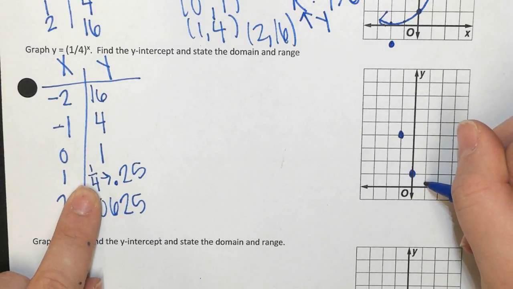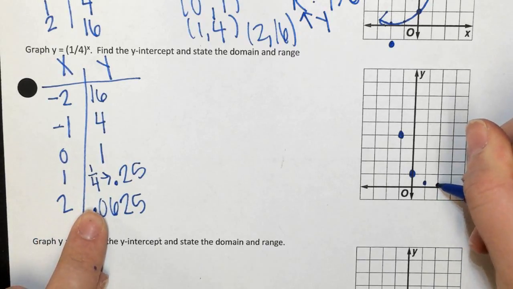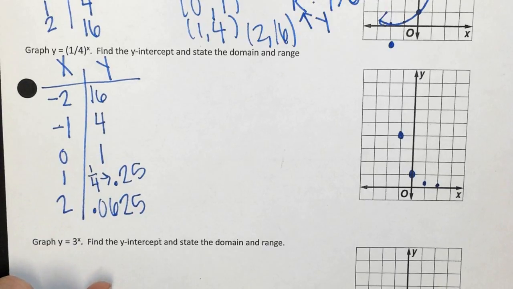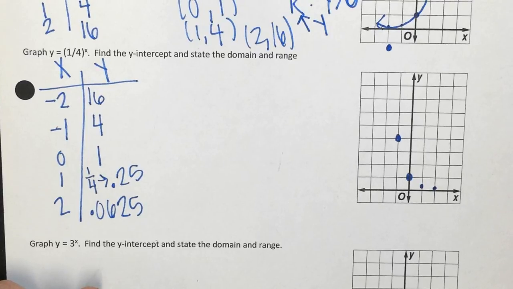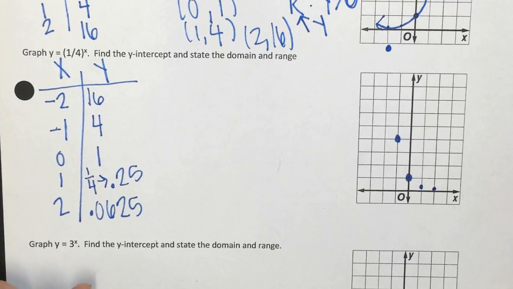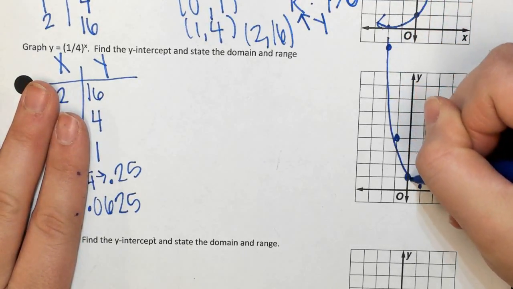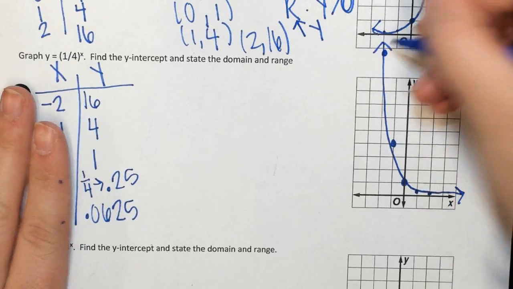Over 1 up 1/4. Over 2 up 1/4 of 1/4. Half of 1/4. All right, connect your points.